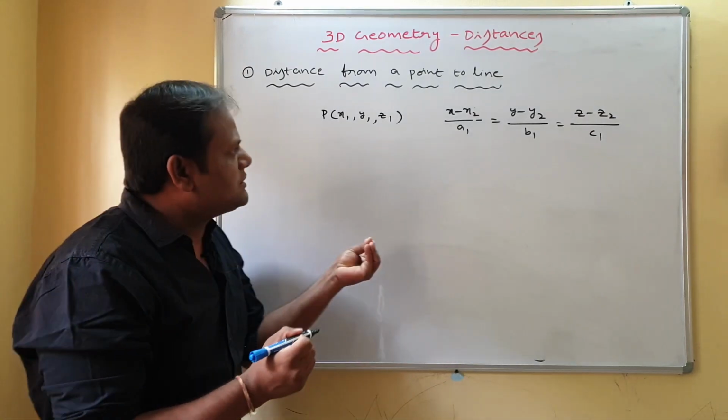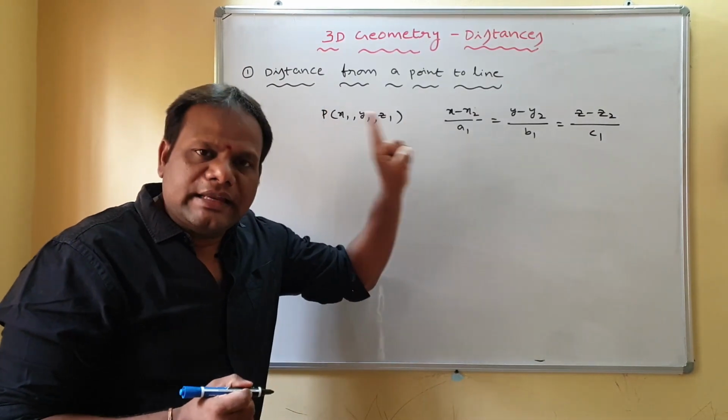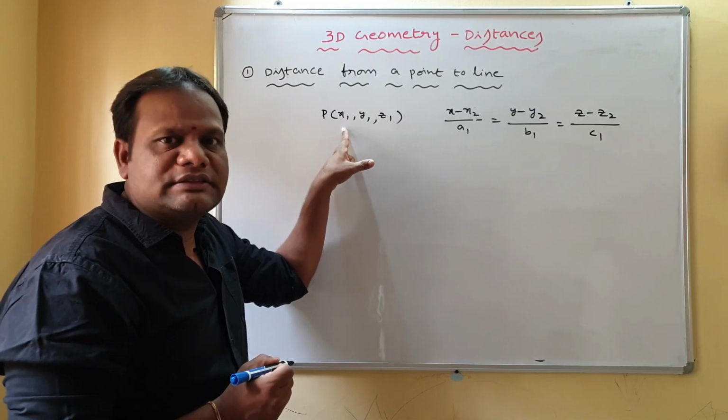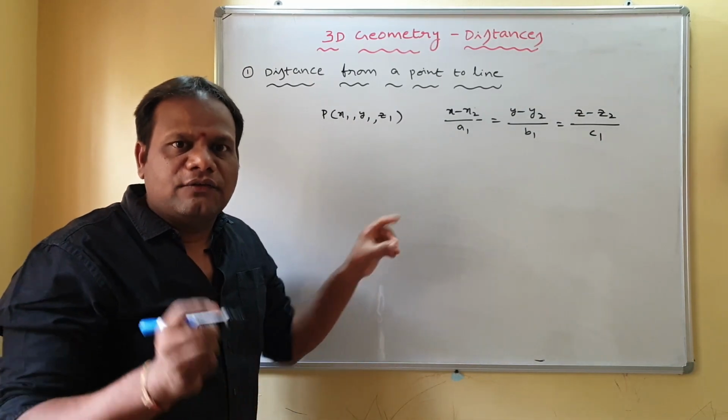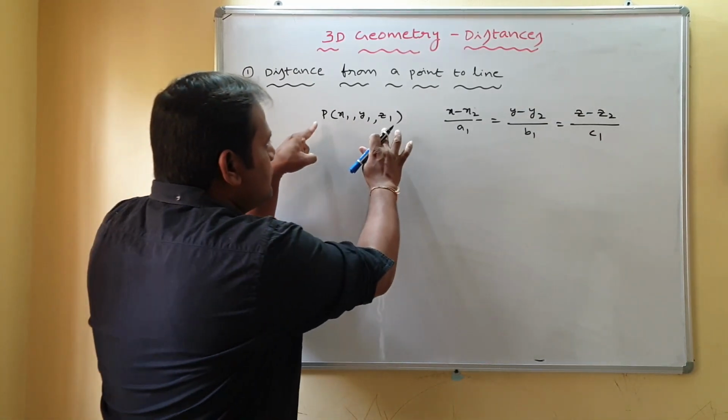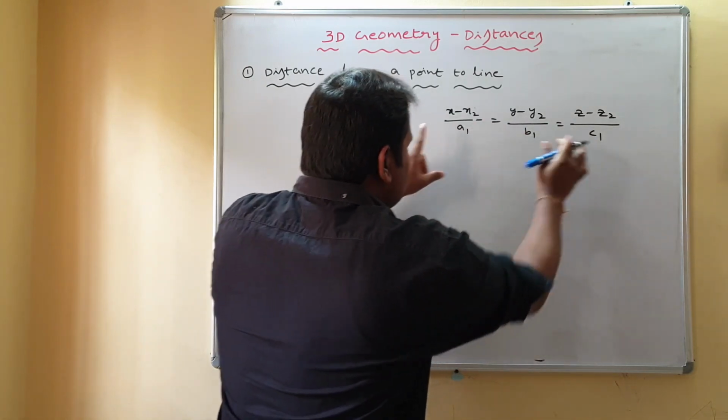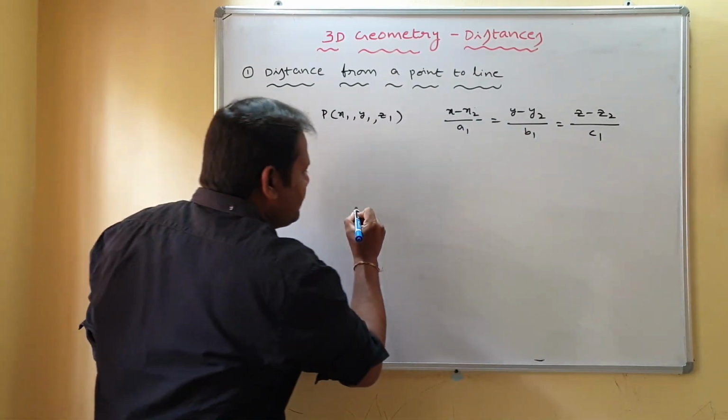So what information is given? A line is given and a point is given. They are asking to find the distance from P to this line. So what do we do? Listen carefully.